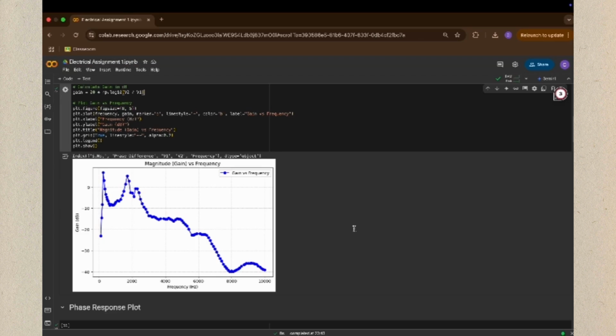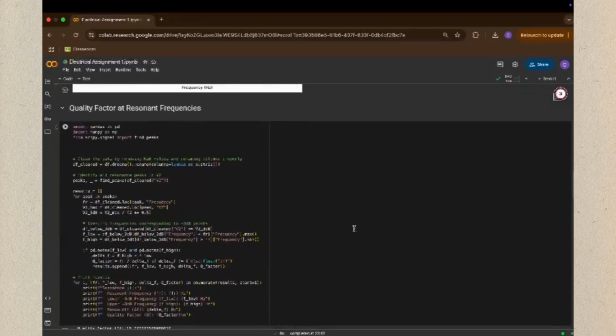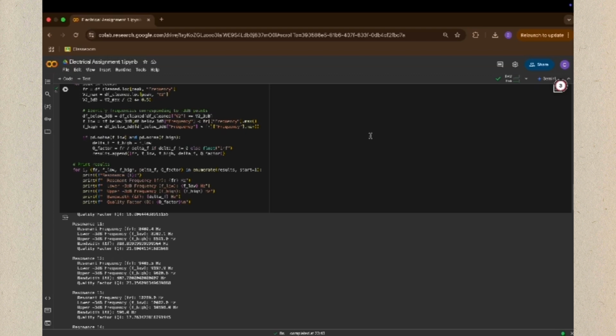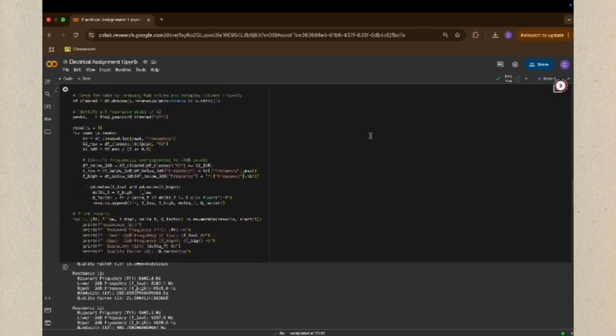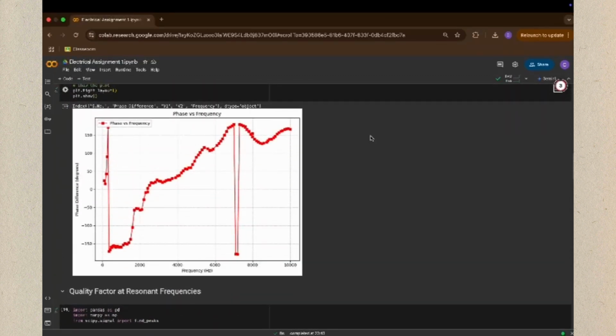Next, we calculate the quality factor. The Q factor tells us about how sharp or narrow the resonance is. A high quality factor means the resonance is sharp, and a low quality factor means it is broad. We calculate it using the formula Q equals resonating frequency upon bandwidth.